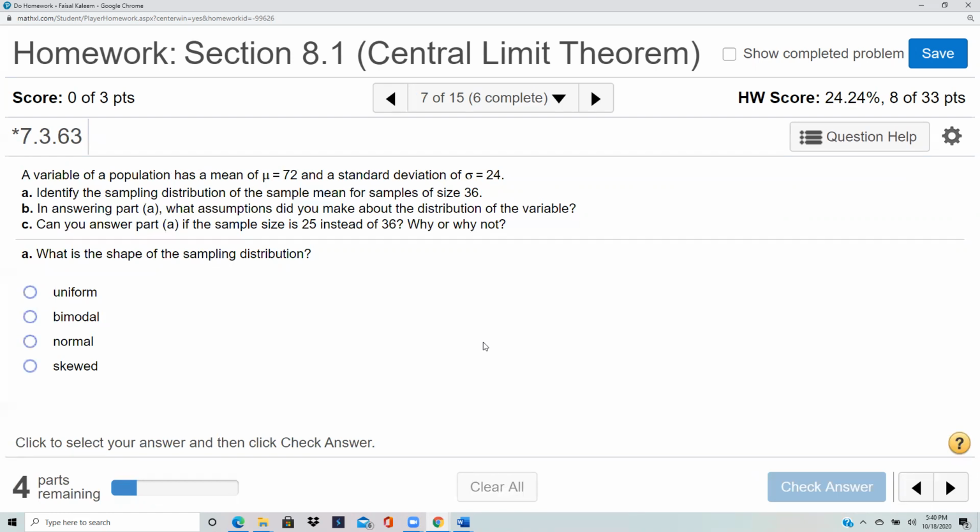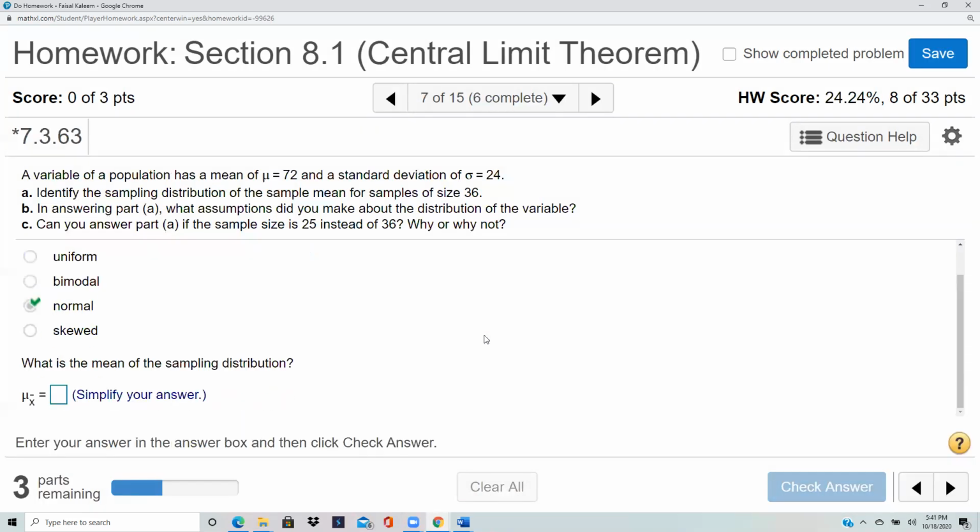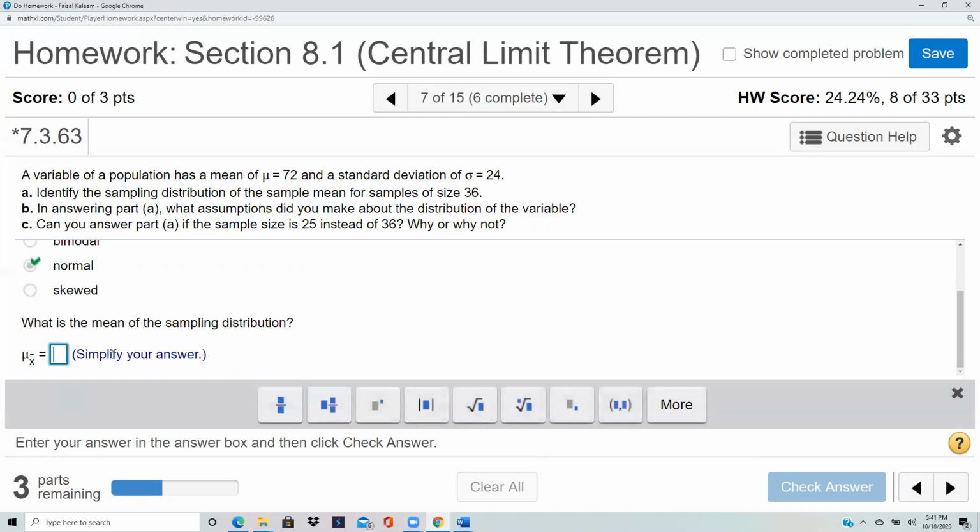Mean 72, standard deviation 24. Identify the sampling distribution of the sample means for a sample of size 36. The sample size is bigger than 30, so the sampling distribution is normal. The mean is the same as the original, which is 72.